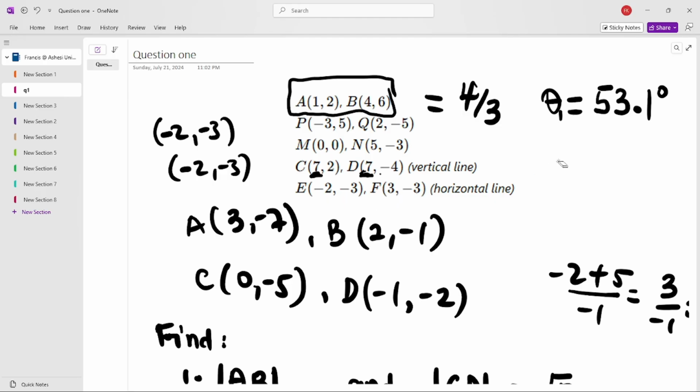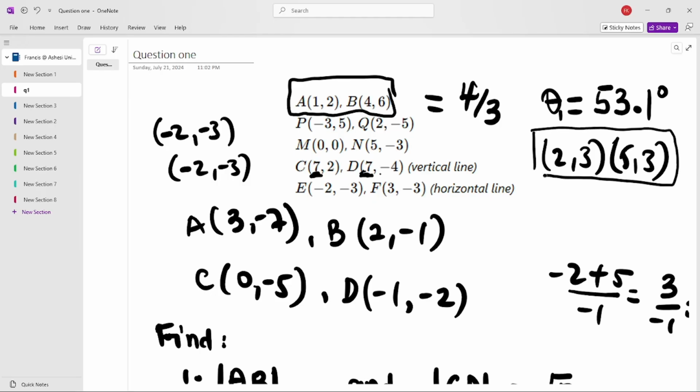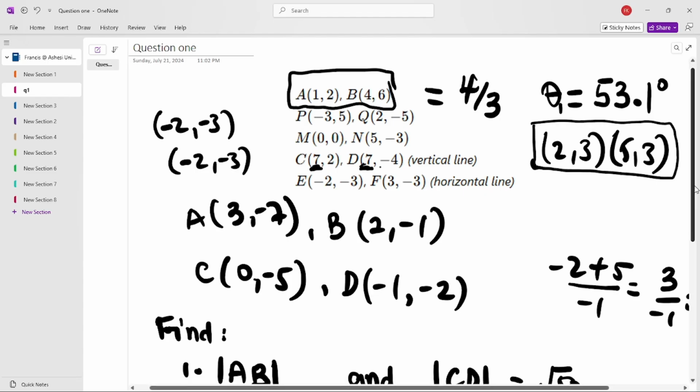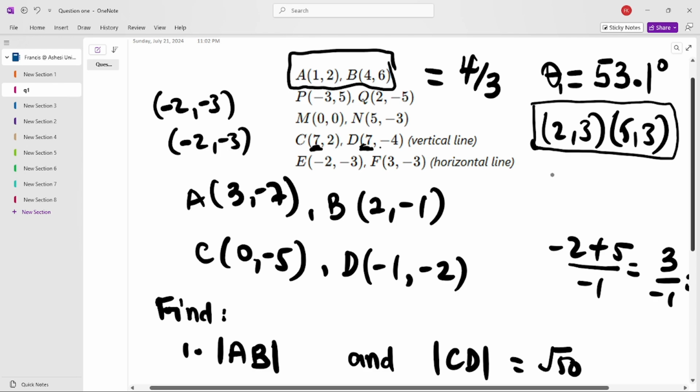Yes, sir. So, Rich Kennedy, what do you think about this point? What will be the angle? We have to find the gradient, which will be zero because the y coordinates are the same.